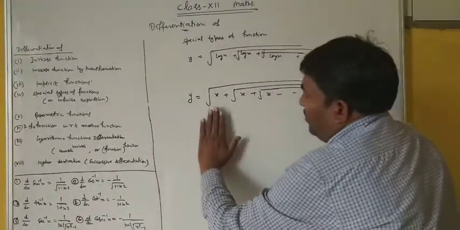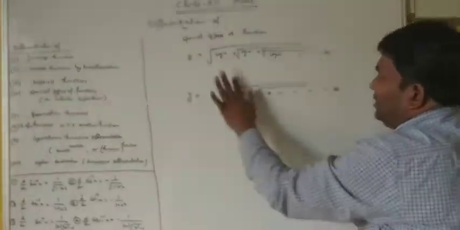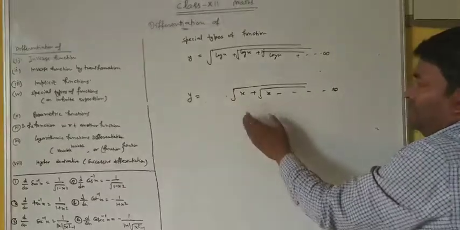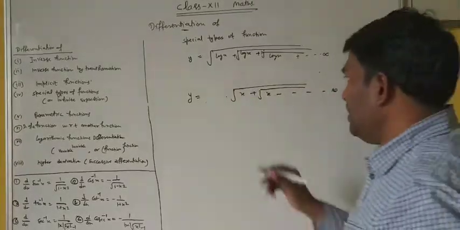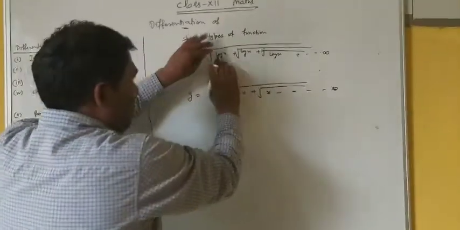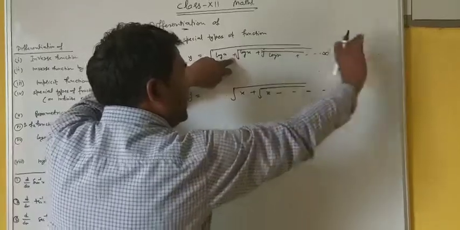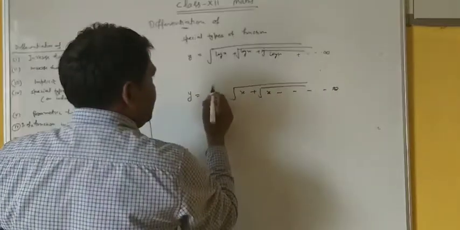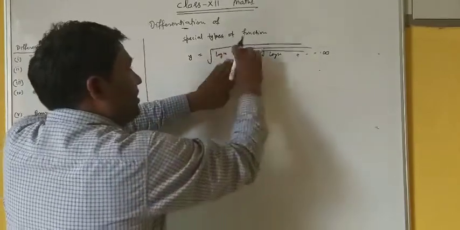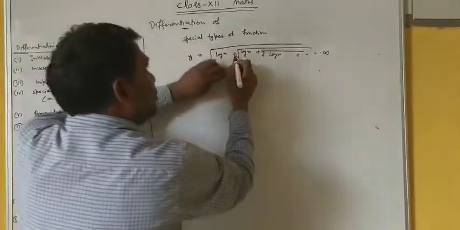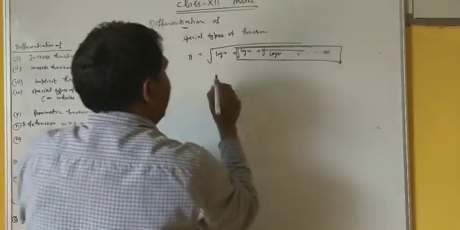Suppose you remove the first one, just see, there is no effect. It is again just looking like the original equation. It means except the first one, all the others, whatever plus or minus, you can take as y. So just like under root log x plus, again it is looking like the same. So let this total be y.